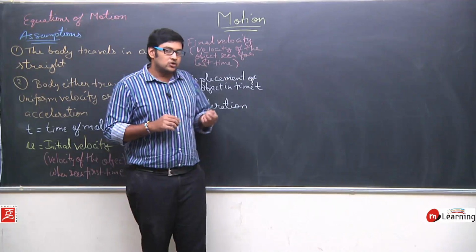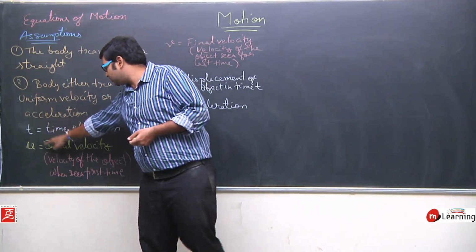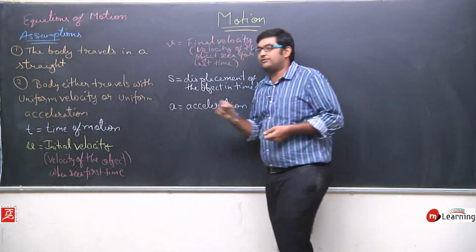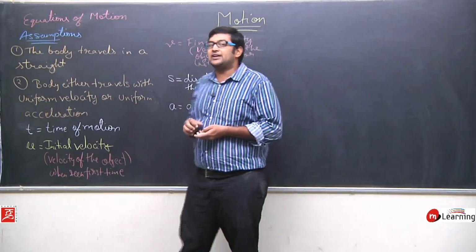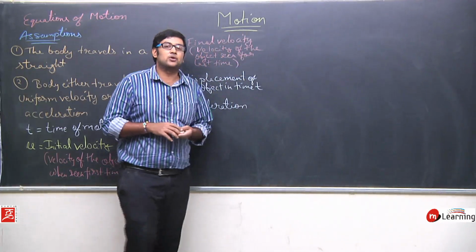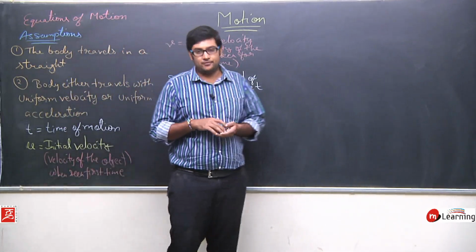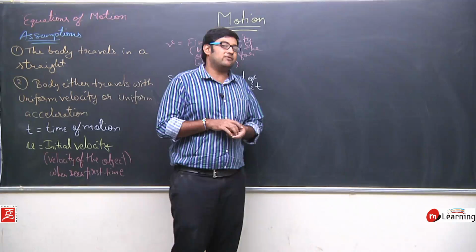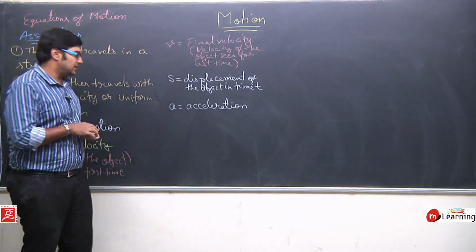Now, to derive the relation between these 5 different quantities, we will consider the graphical approach. We will consider the velocity time graph. Using the velocity time graph, we will try to determine how these quantities are related to each other.